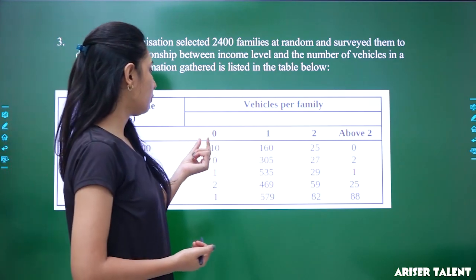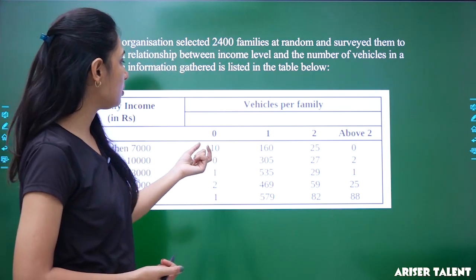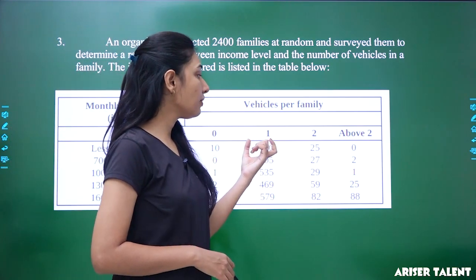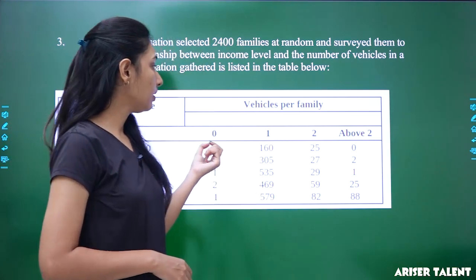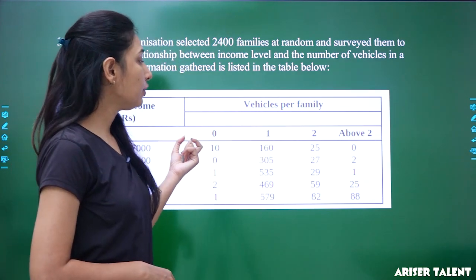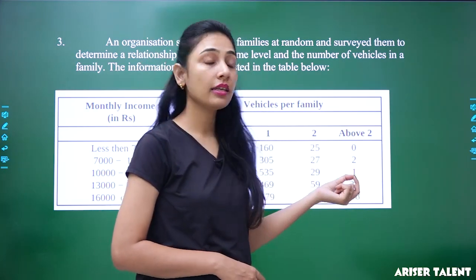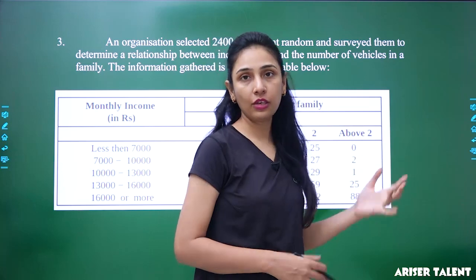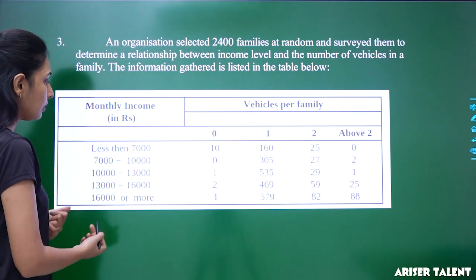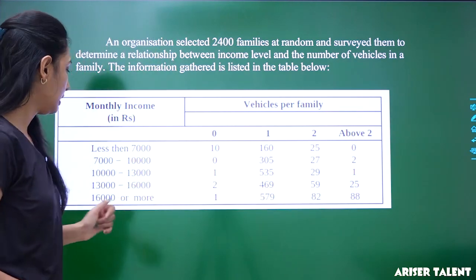Out of 2400 families, 10 families were having no vehicle at all. 160 families were having one vehicle, and there were 25 families having 2 vehicles, and there was 0 family having more than 2 vehicles. Similarly, the same goes for 7,000 to 10,000, and they are different numbers. Okay, so here it is.